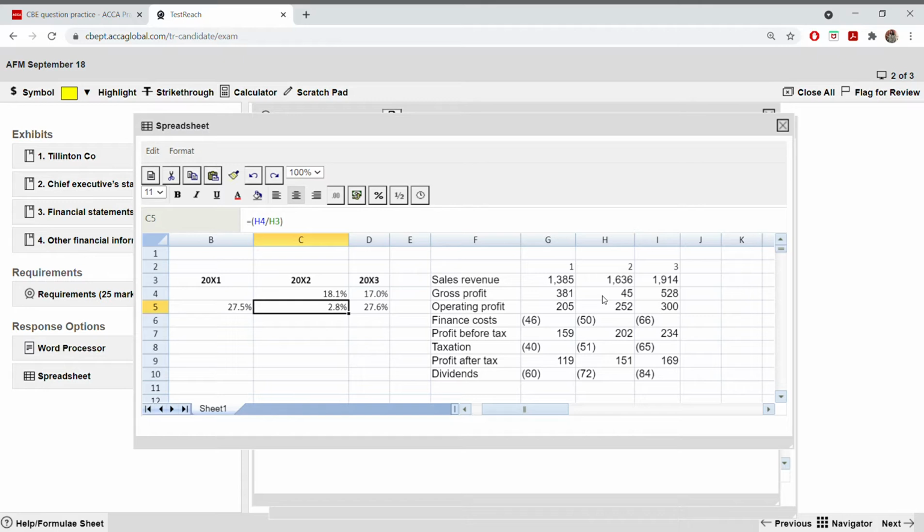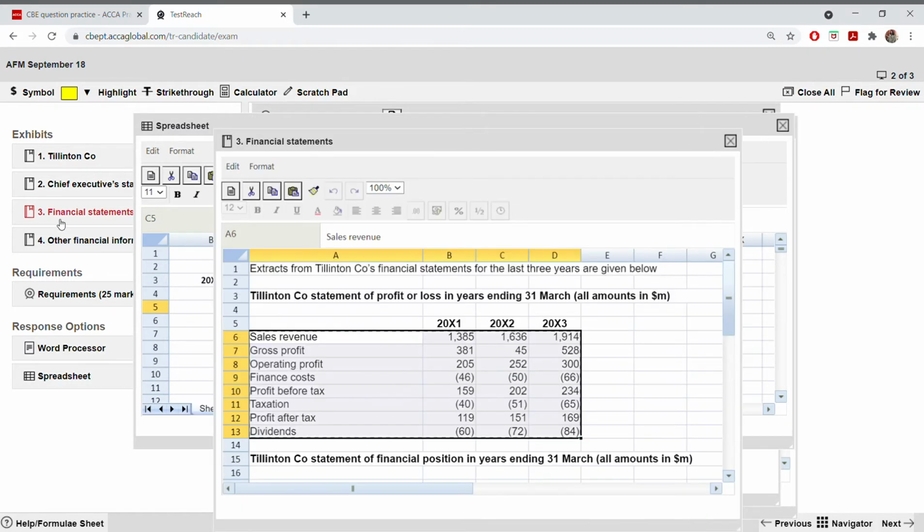Just wait a minute. I have a little doubt in this second year because if you see, this is the gross profit. This is too less, right? Okay, just check again. Gross profit. Okay, it's correct.